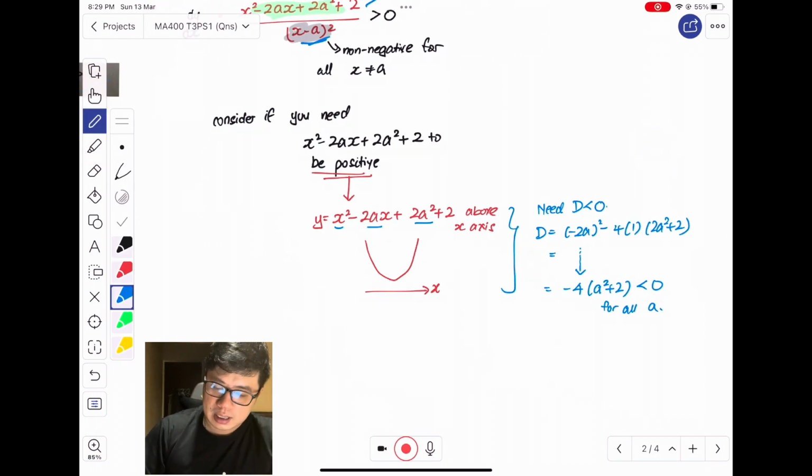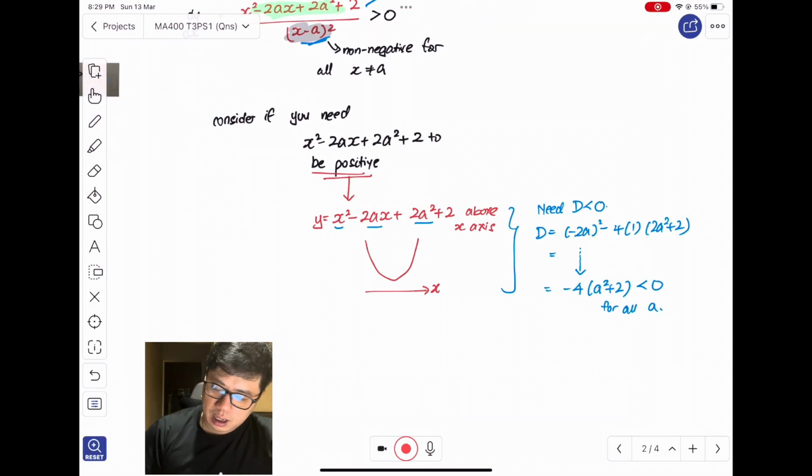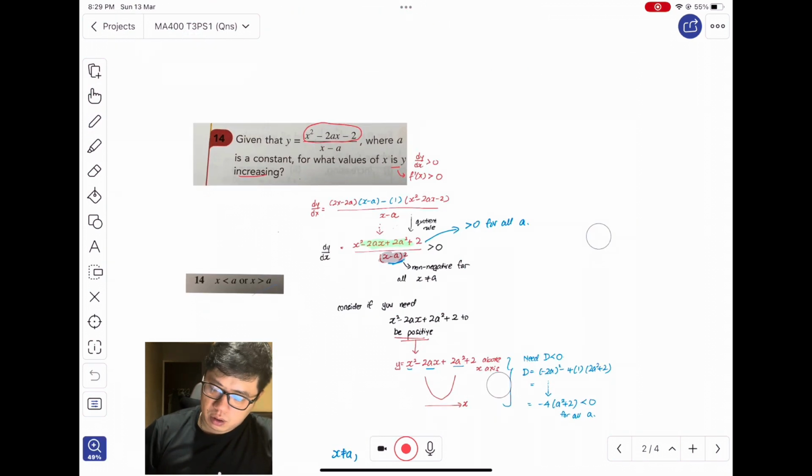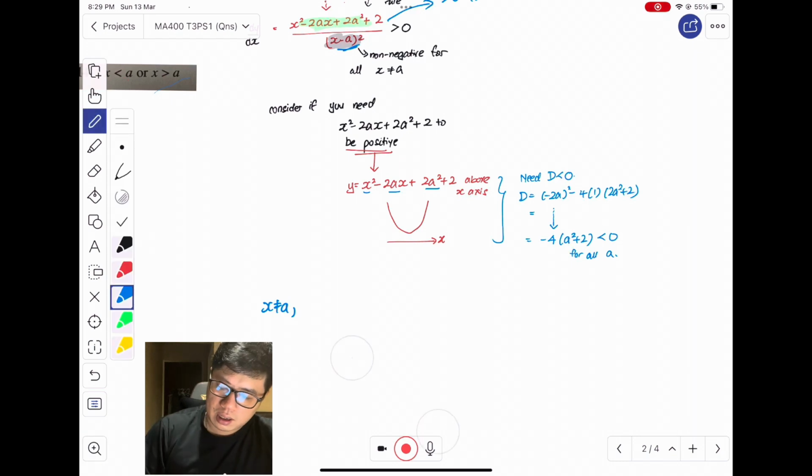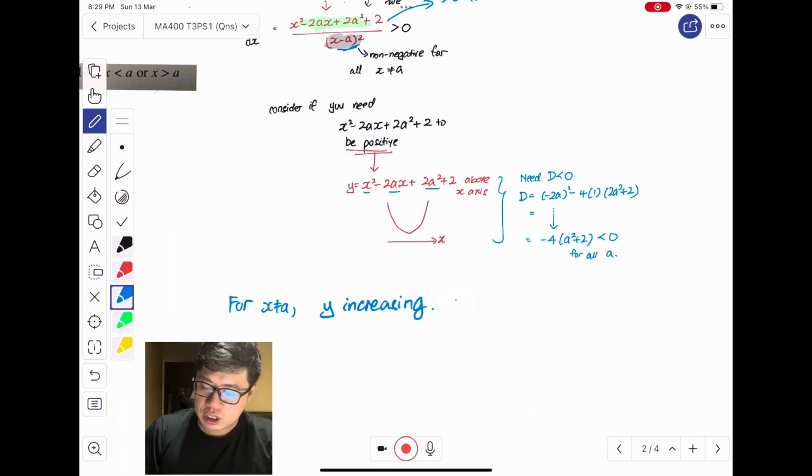It means that the answer is, as long as x is not equal to a, then y will be increasing. So basically the range of values is just x more than a or x less than a. Okay, thank you.